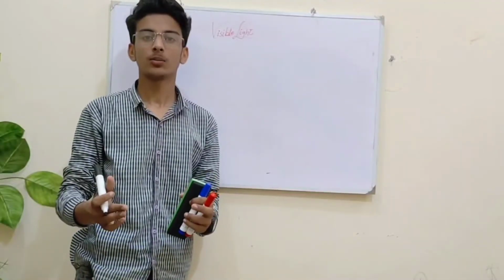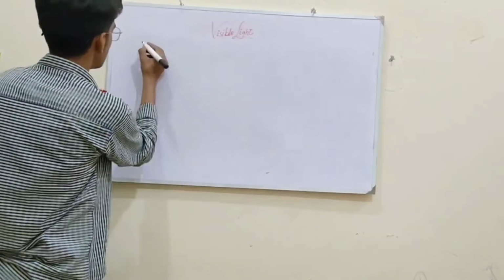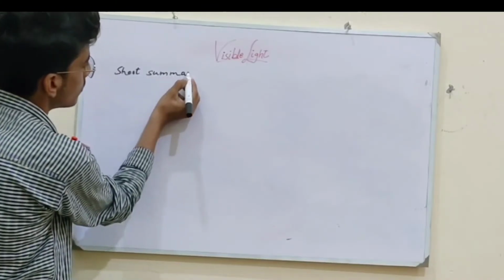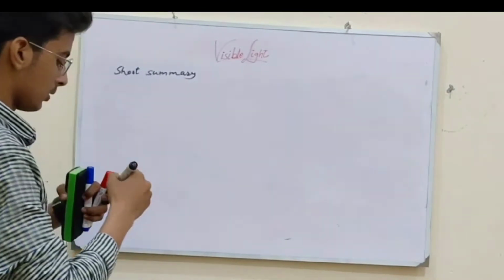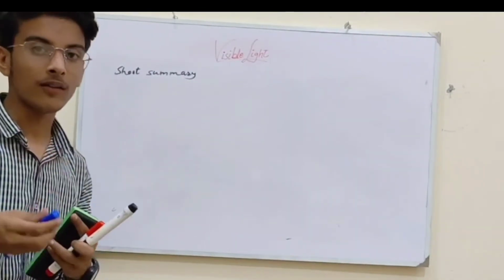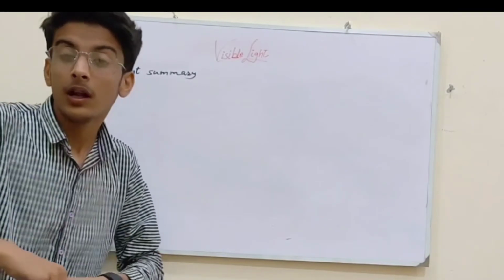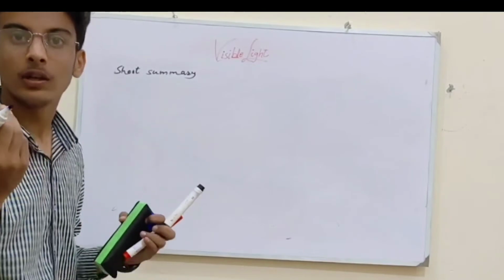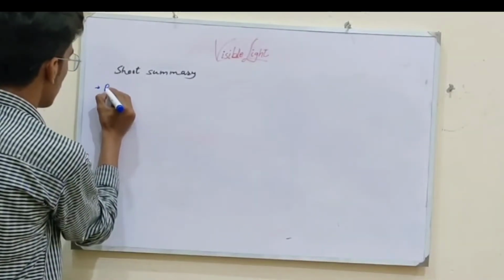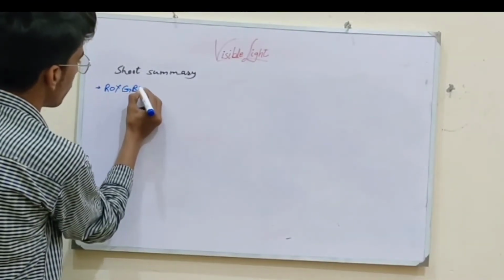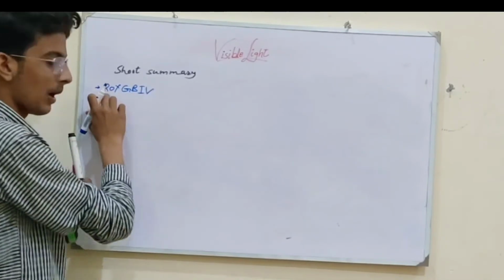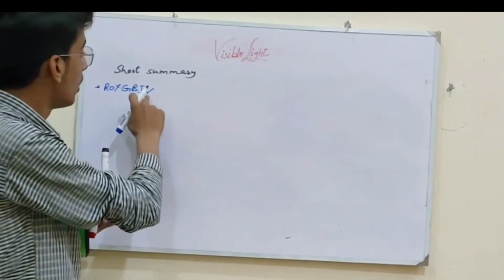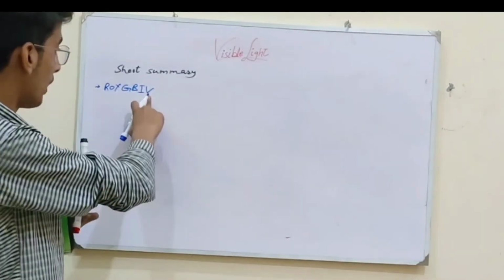Now we will have a short summary of what we have learned today. Firstly, we have learned about sound, light, and invisible light. The word that we learned today is ROYGBIV: red, orange, yellow, green, blue, indigo, and violet.